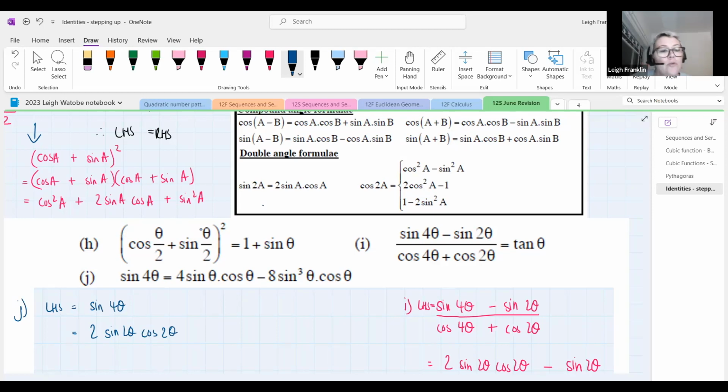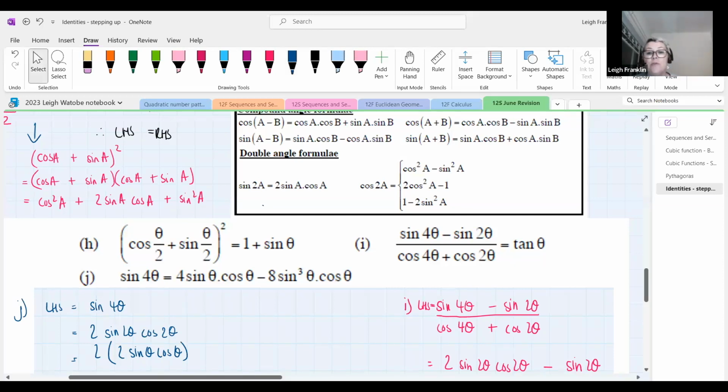Okay, so agreed, we can simplify this a little bit more, right? Because we can write sine 2 theta as 2 sine theta cos theta. And cos 2 theta can also be written in another way.